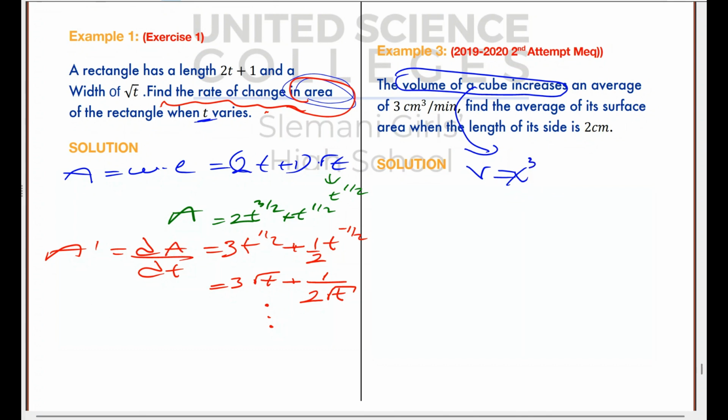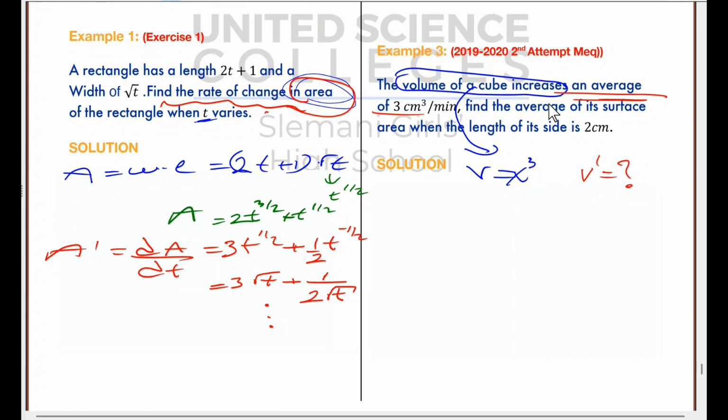So we're after its derivative because the question says the volume of the cube increases at an average of. These words represent v prime. So we are going to take the derivative of volume. This is what we are looking for.